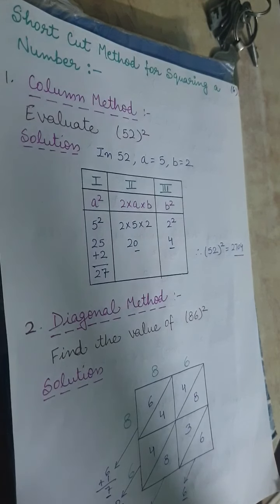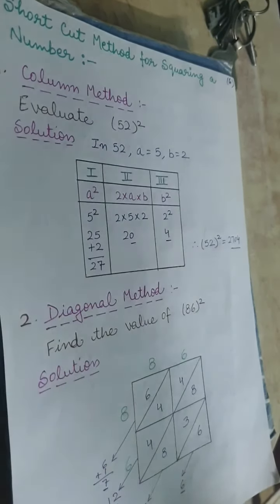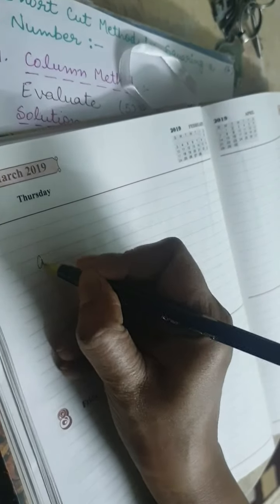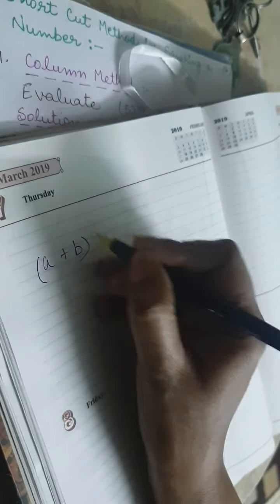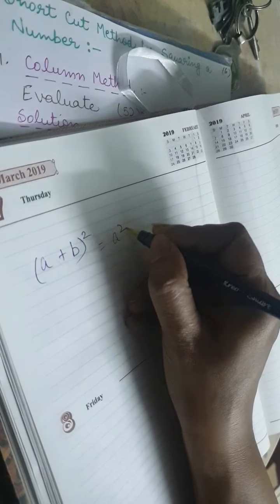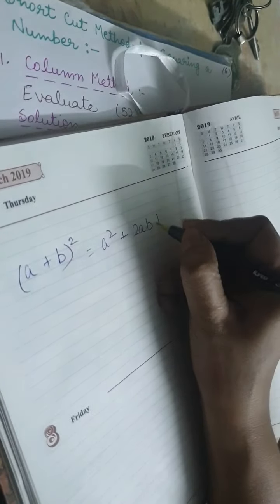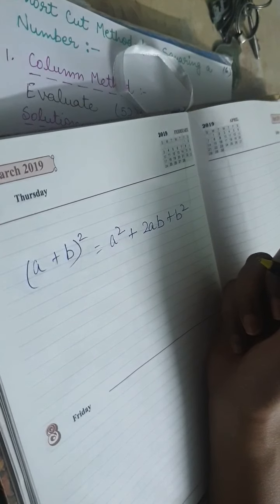Now recall the formula of (A plus B) whole square. What was the formula? (A plus B) whole square is equal to A square plus 2AB plus B square.